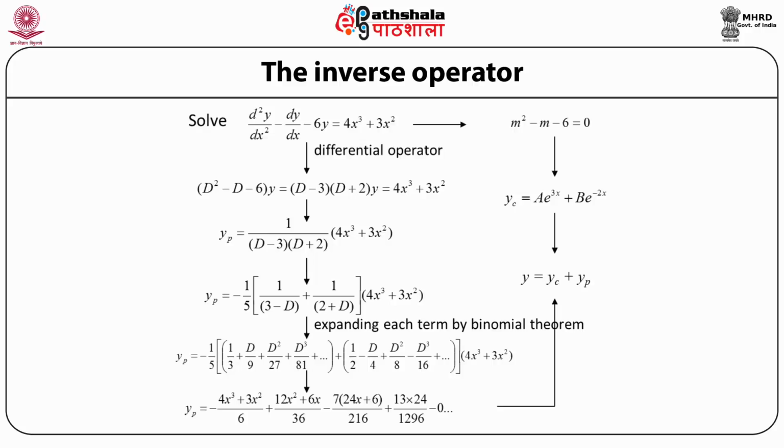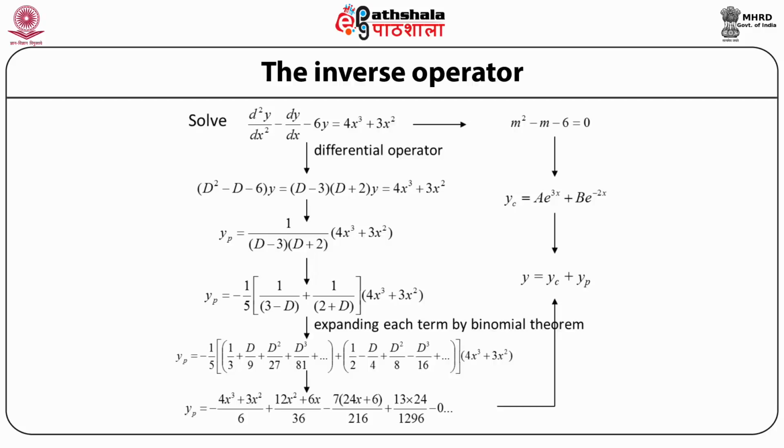You can separate the variables, do some algebraic manipulation, and write it as 1 over 3 minus D plus 1 over 2 plus D. Then you can expand each term with the binomial theorem. Then you can find yp is equal to this whole expression, 4x cubed plus 3x squared by 6 plus 12x squared plus 6x by 36 and so on.